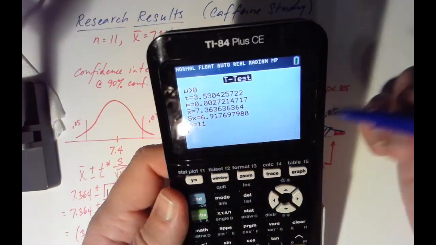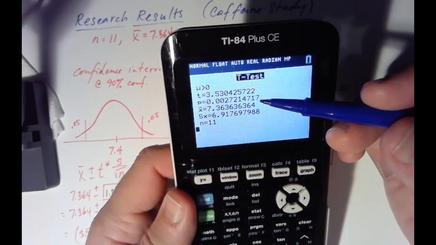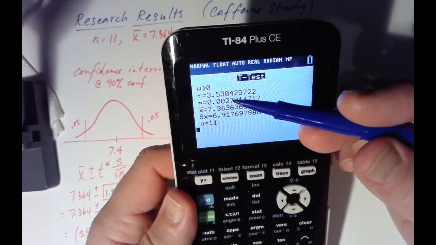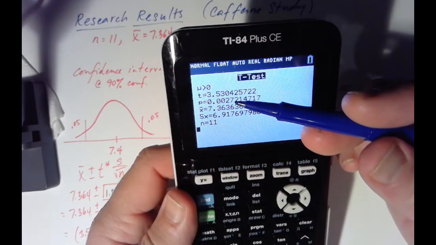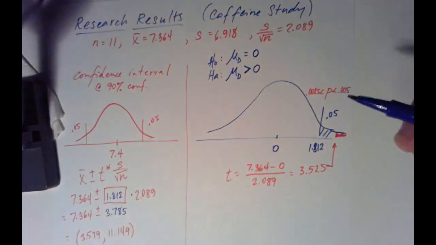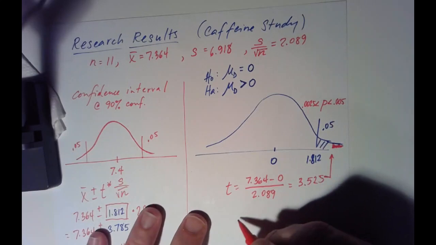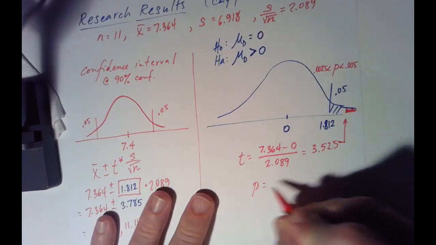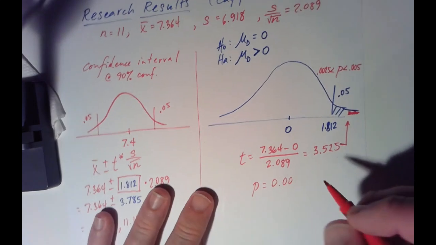Drum roll, please. The p-value is indeed above 0.0025, just barely though, and it was closer to that last critical value, right? So the actual p-value, I guess we can put it down here, 2.7.